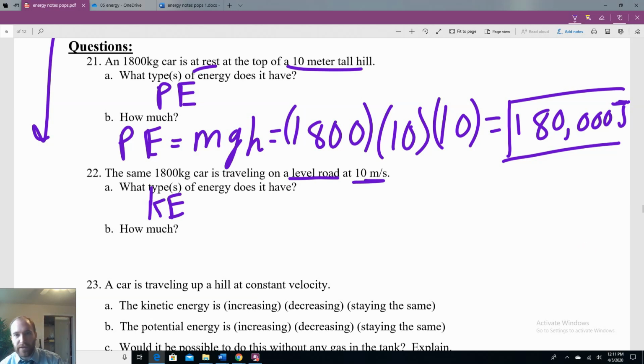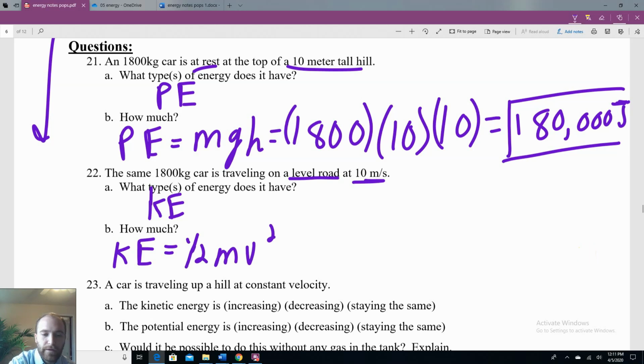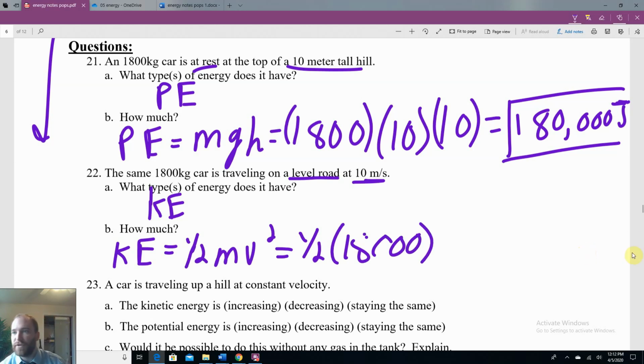And when I say how much, we did learn an equation for it. If you forgot it, go to the last page of this note packet, and it'll be there for you. The equation is 1/2 times m times v squared. Plugging in 1/2 times the mass is 1,800 kilograms. And it's moving at a speed of 10 meters per second, and we're not going to forget to square it, right?